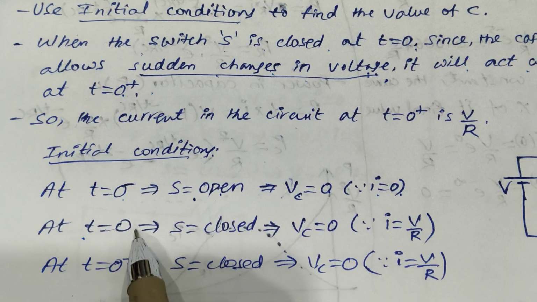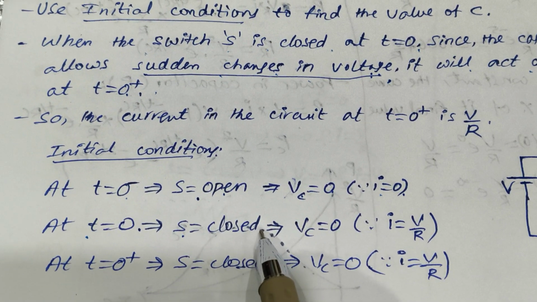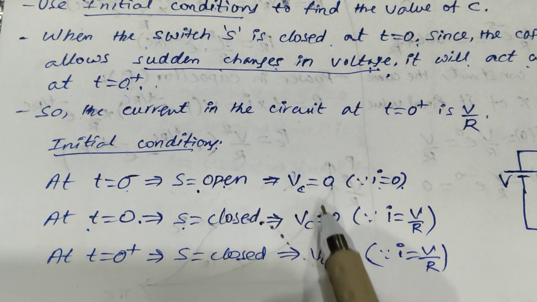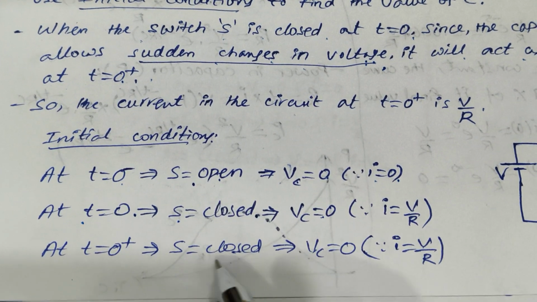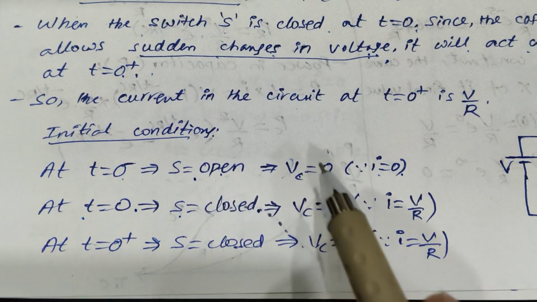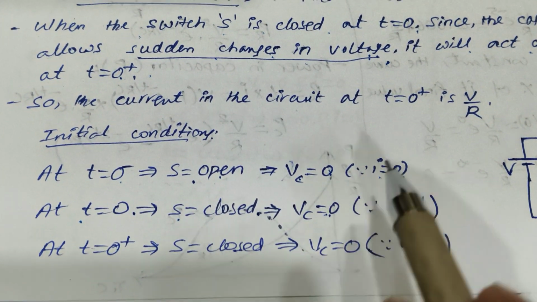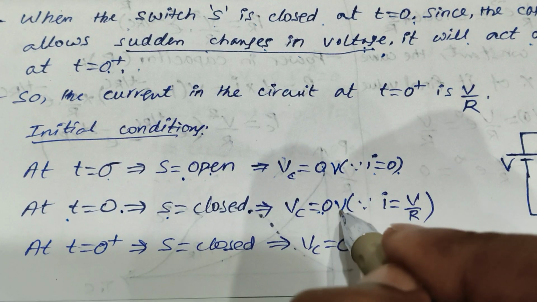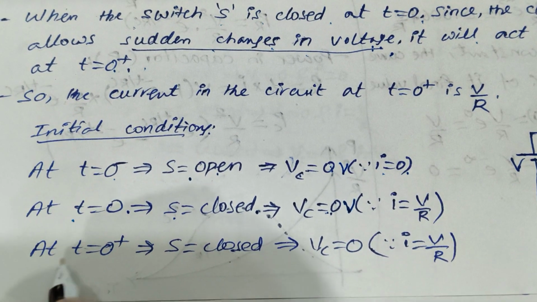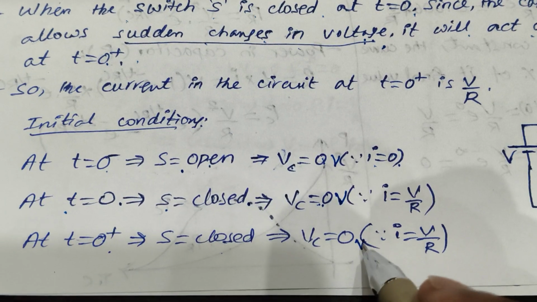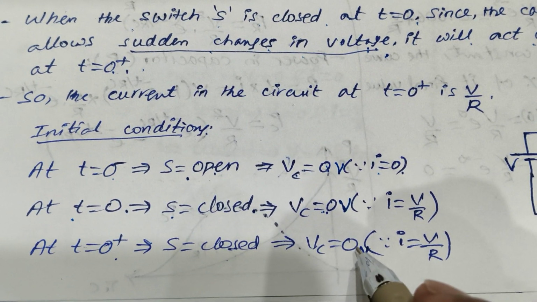But at t is equal to 0, we are closing the switch. When the switch is closing, the same capacitance voltage will carry forward till t is equal to 0 plus, since the capacitor does not allow a sudden change in voltage. That's why the same 0 volts at t is equal to 0 plus, when the switch is closed, so Vc is equal to 0 volts only.